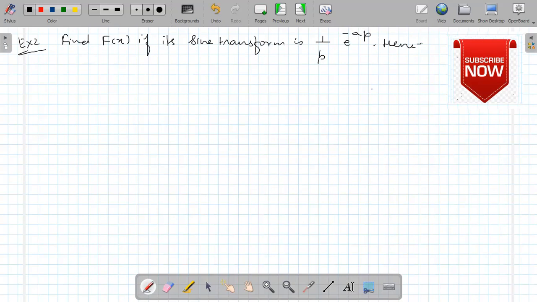Hence, obtain the value of Fourier sine inverse of 1 upon p.